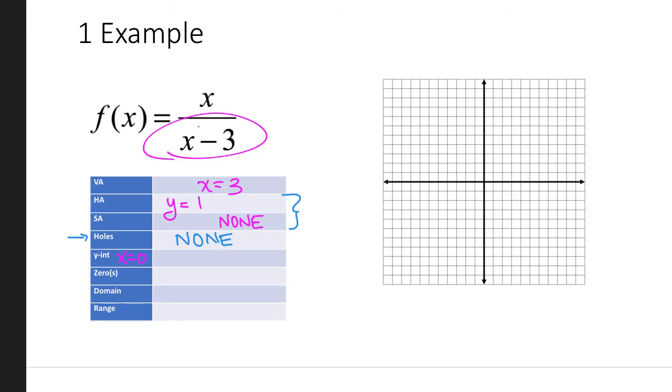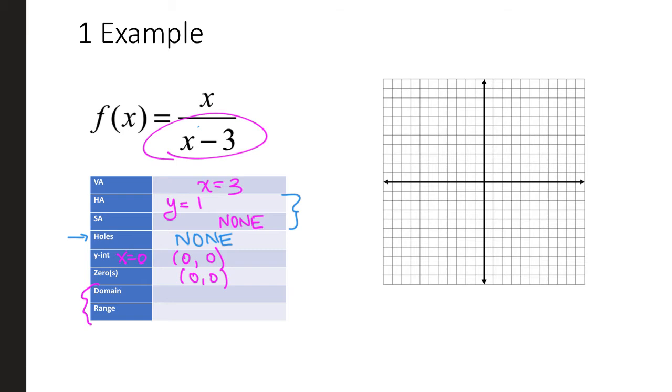So when you plug in x equals 0 into that function, you end up with 0 over -3, which equals 0. The zero you get by looking in the numerator. What makes that numerator equal 0? And it is 0. The domain and the range, I won't answer this part until I actually have the graph.